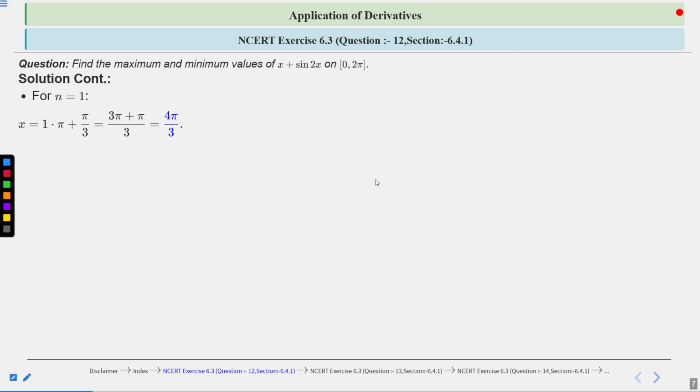So x is equal to 1 into pi minus pi by 3, which will be equal to 3 pi minus pi upon 3. So x is equal to 2 pi upon 3.